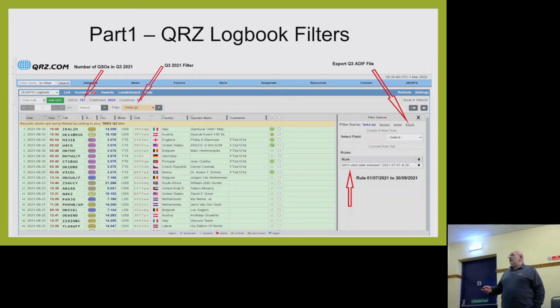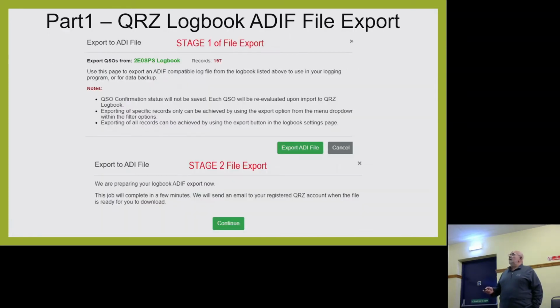So when that rule is applied, I click the export button. It tells me that I'm exporting 197 records, and there's some additional information there. And then I just click the export button here, and then you'll get another notification to say that we're preparing your file in a few minutes.